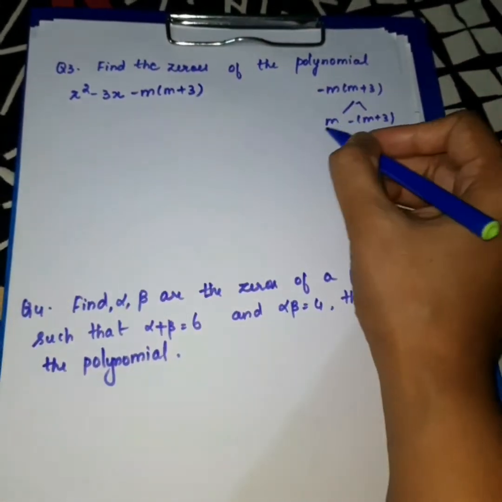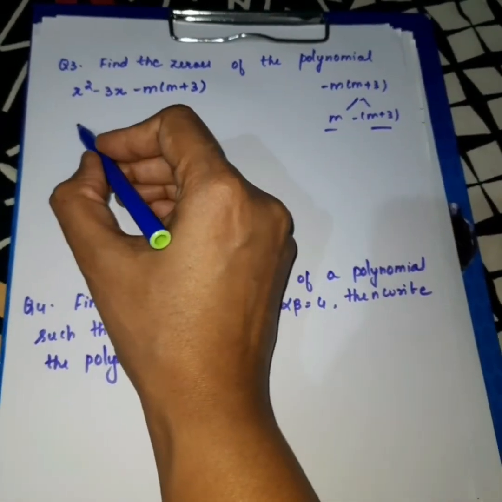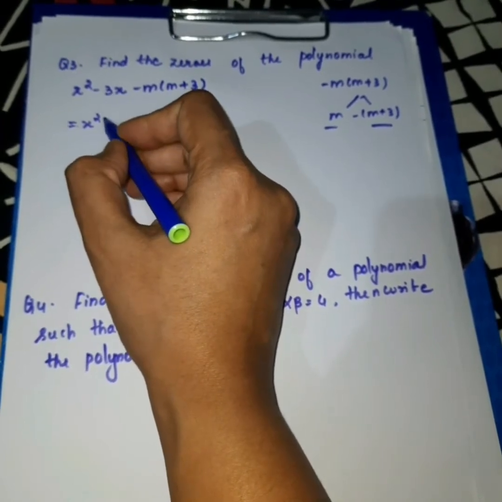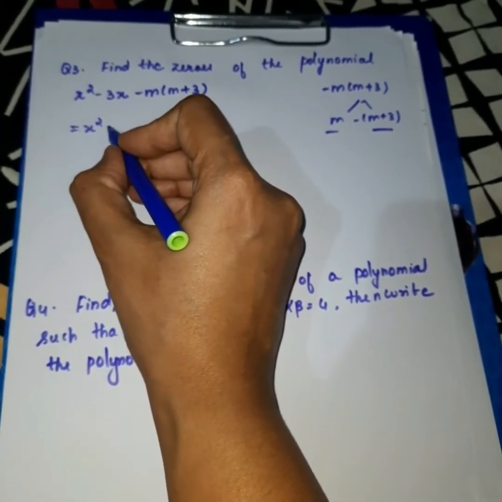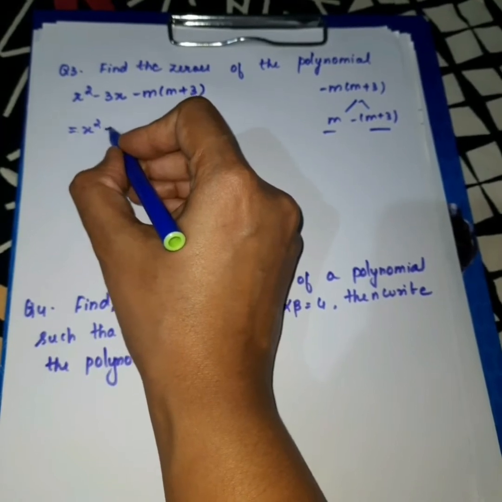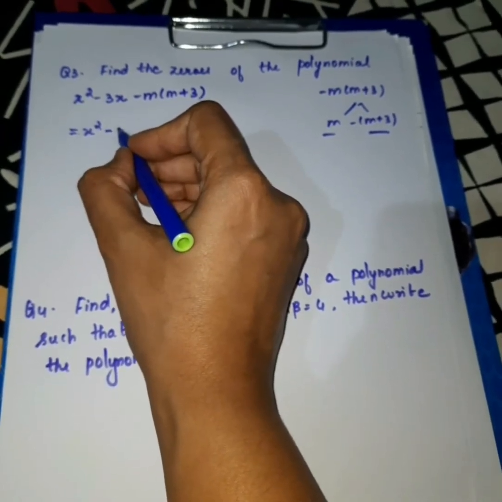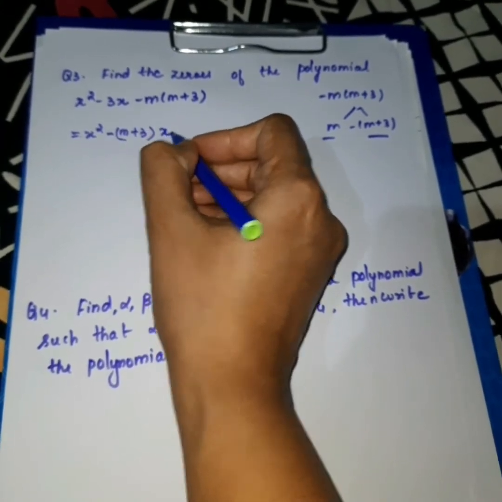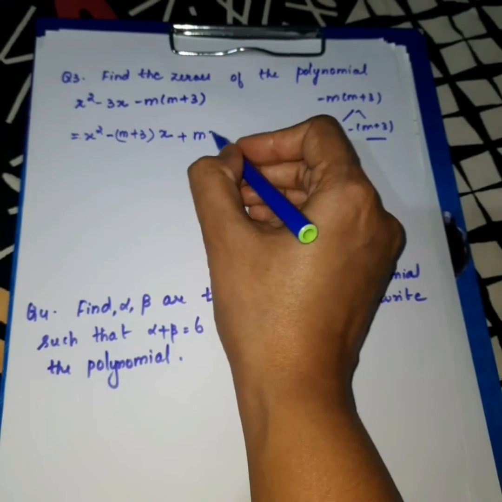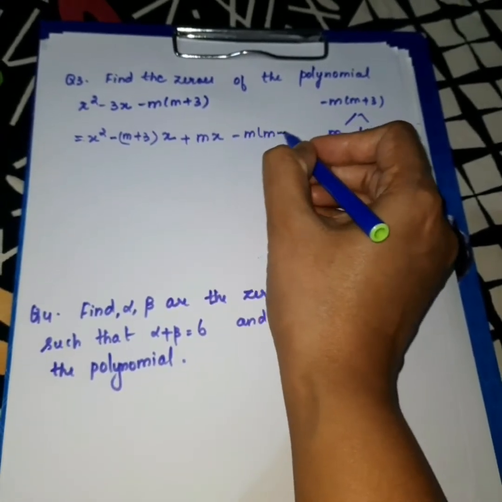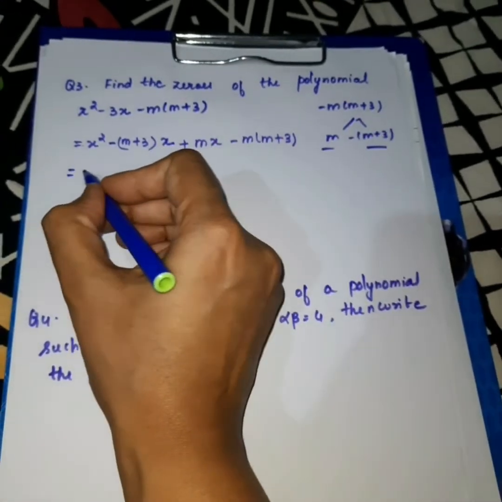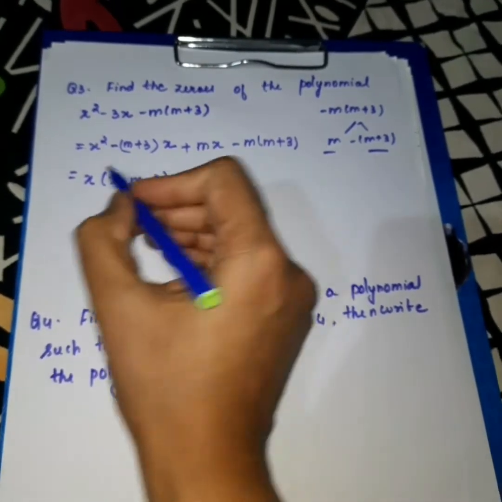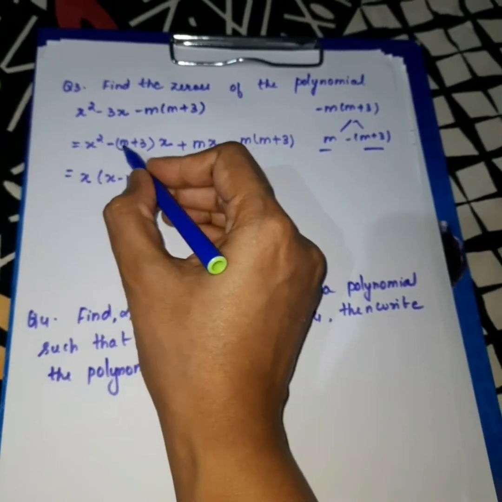You can rewrite the given polynomial as x squared minus m plus 3 into x plus mx minus m into m plus 3. So we can see it is exactly of the form x squared minus 3x minus m into m plus 3.